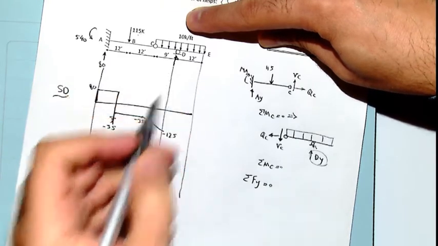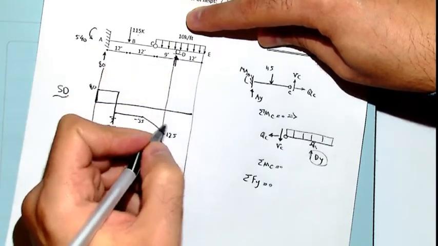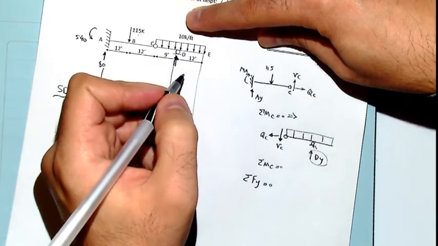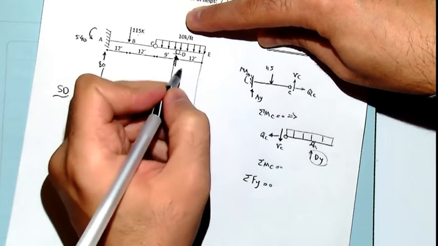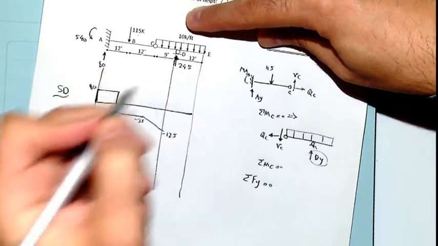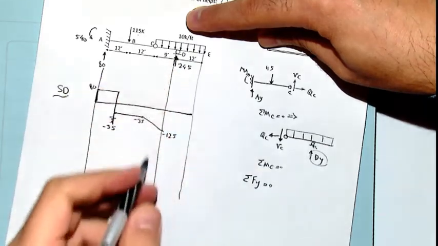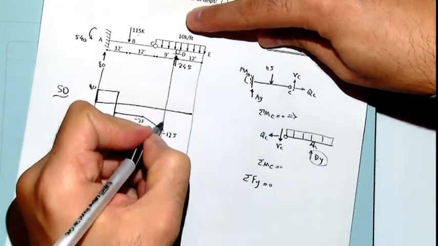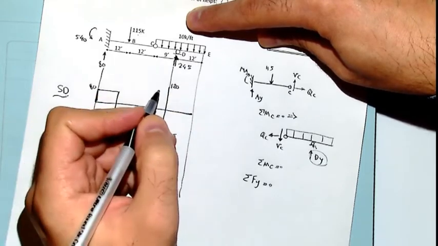Then after that, we have concentrated reaction here, which we derived. For my calculation, it's 245. So we're gonna switch, as it says, go up, and add this much, and I'm gonna reach 120.